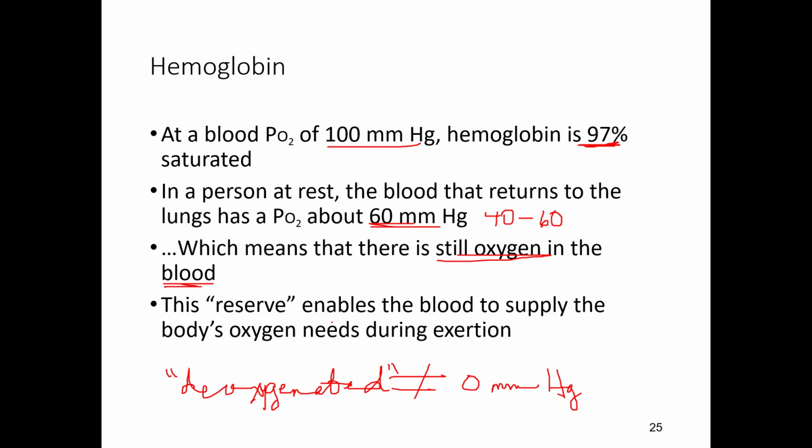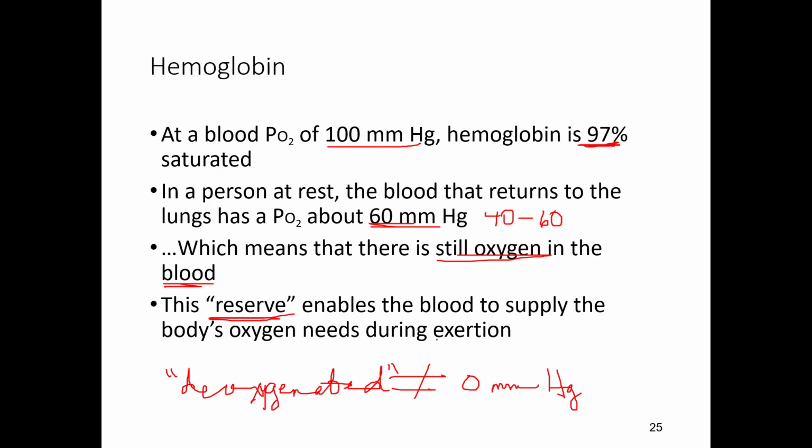Now, if you get your breathing cut off temporarily, it can't go off for too long, but you still have a little bit, and you guys probably know, you have a few minutes where you can still be okay. And in that case, it would even drop even lower. But that's kind of a reserve.